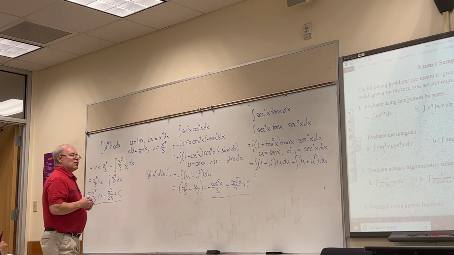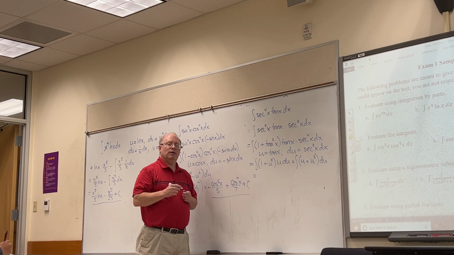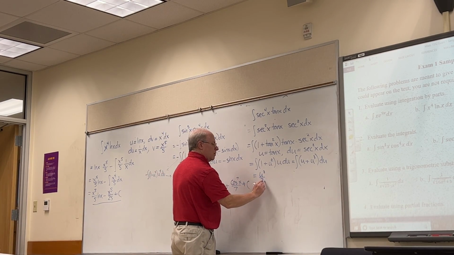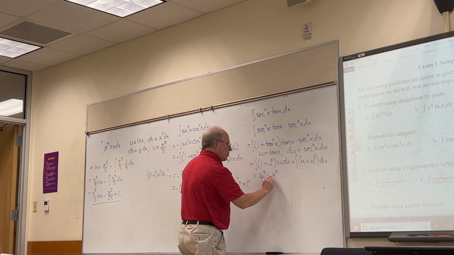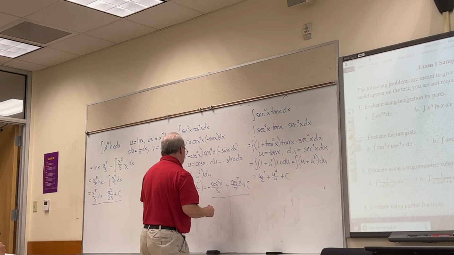So now what's the integral of u plus u cubed? U squared over 2 plus u to the 4th over 4, of course plus c at the end.